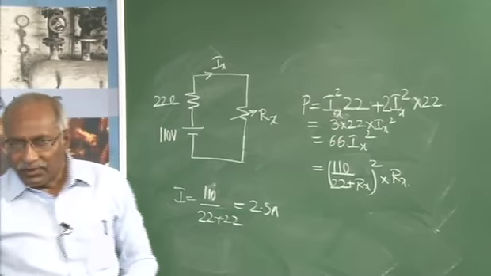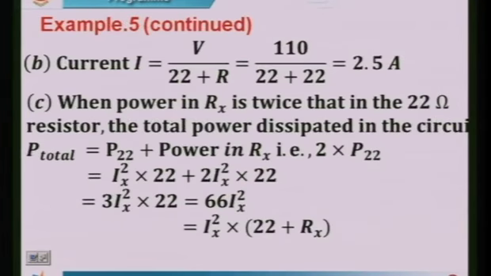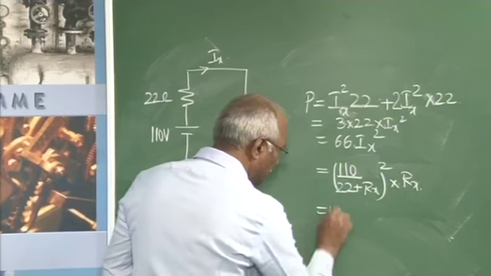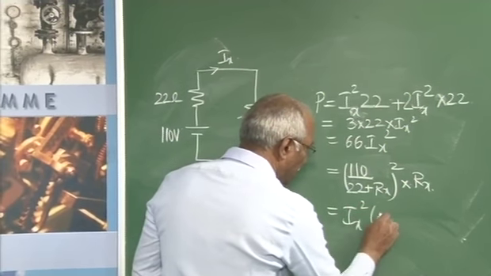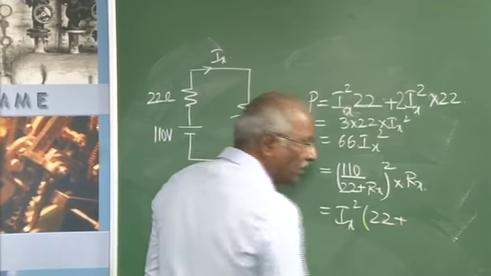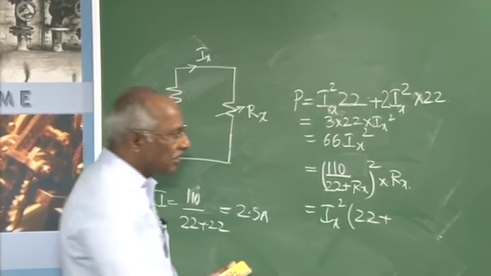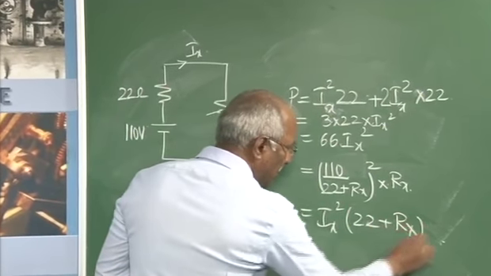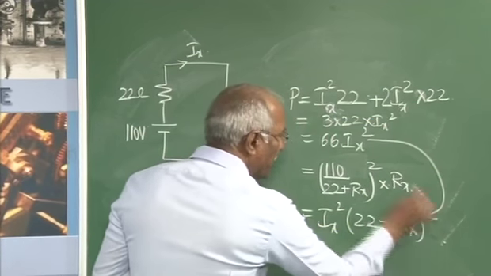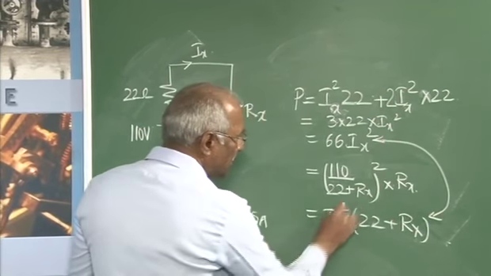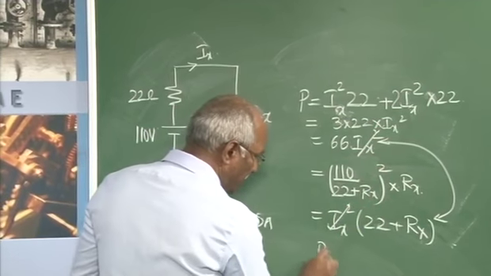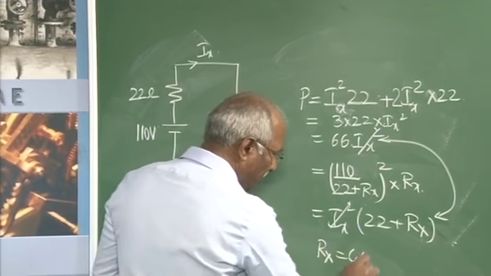In that respect, it can also be taken as equal to Ix square into 22 plus Rx. When you equate these two, you will observe this gets cancelled, and if you find Rx, it will come to 44 ohm.